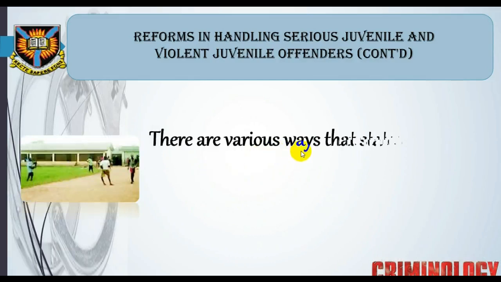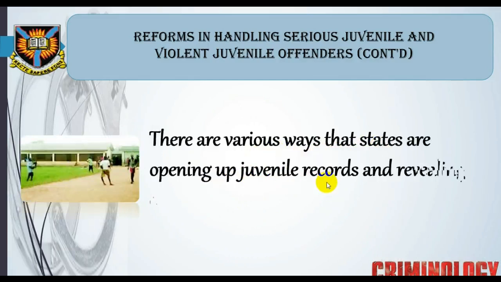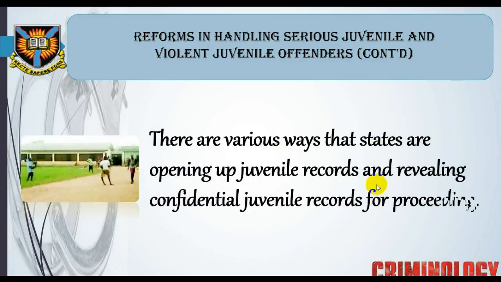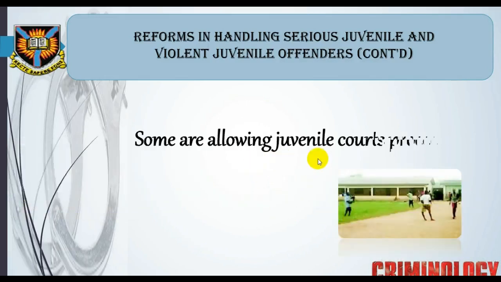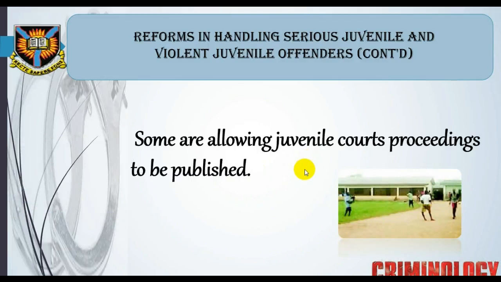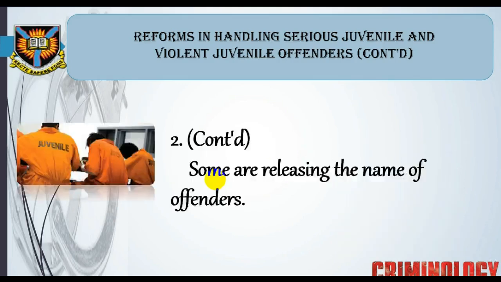There are various ways that states are opening up juvenile records and revealing confidential juvenile records for proceedings. Some are allowing juvenile court proceedings to be published. Some are releasing the names of offenders. Most now allow photos and fingerprints of offenders to be deposited in criminal history files.